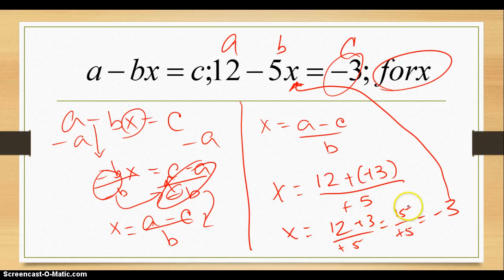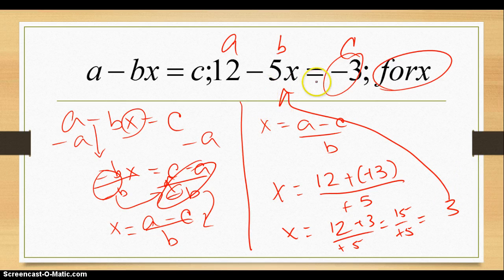It would be 15 over 5, which is a positive 3. Now if I plug positive 3 in, it's 12 minus 15, which is negative 3. So I know that 3 is my answer. It's very important that you go back and plug your solution in to check your work.